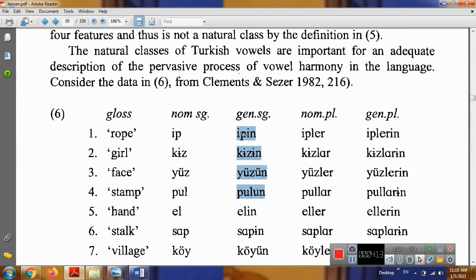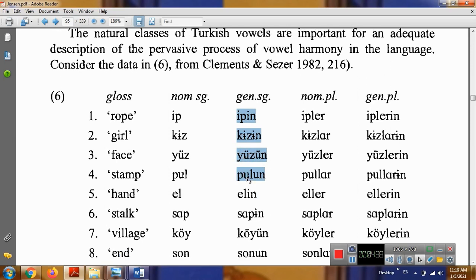Here we have i, and according to this vowel we use the in form of the affix, of the suffix. Here we have kız, and the vowel of the suffix is the same as the vowel of the root. And here again we have the shared vowel between the suffix and root.